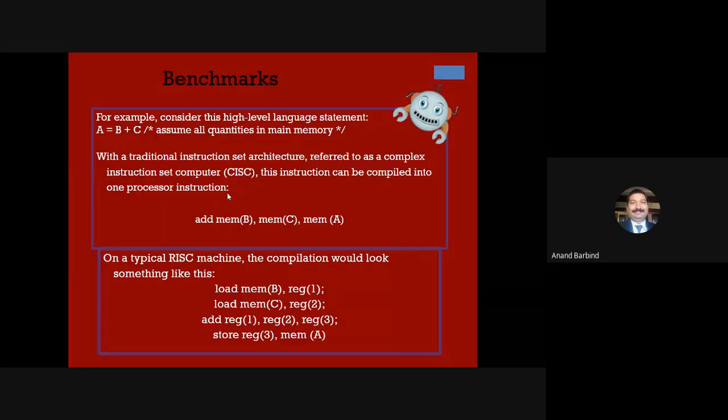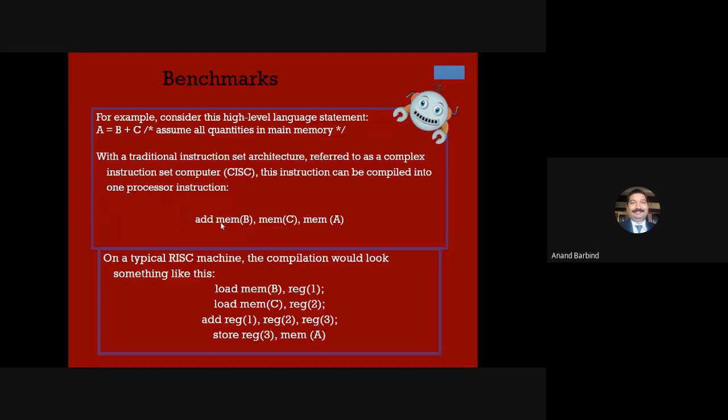In this case, for example, if a is equal to b plus c is to be implemented, this can be done using the instruction add memory B, memory C, and memory A. That is, add the contents of memory B with memory C and store the result in memory A. So you need a single instruction to perform this operation, because A, B, C are memory variables.